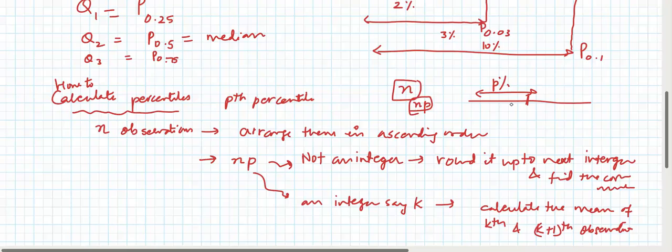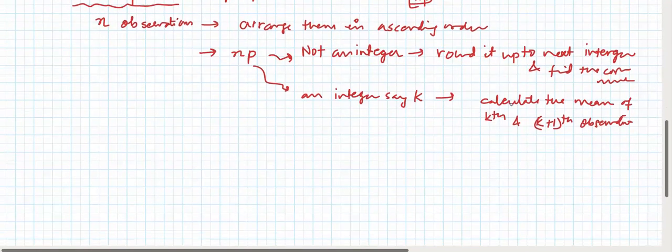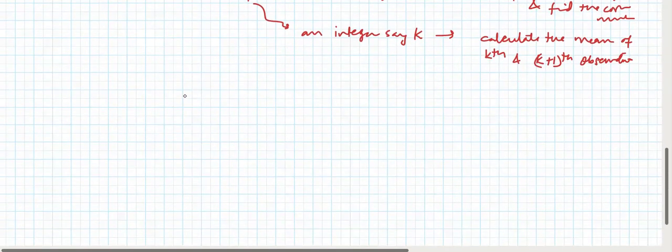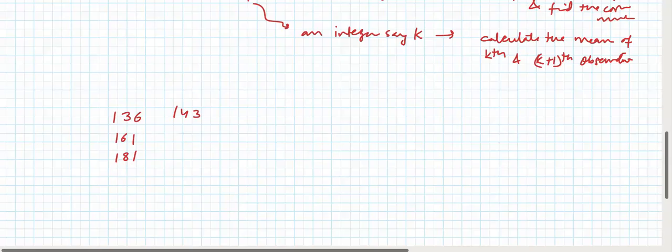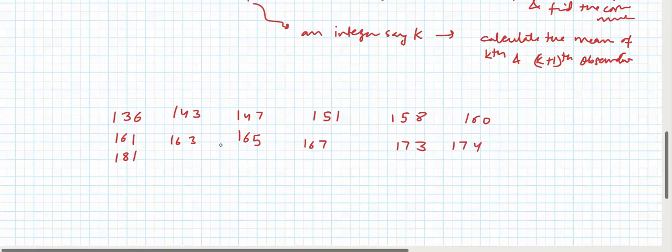For example, suppose I have this data set. Let me write it down: 136, 161, 181, 143, 147, 151, 158, 160, 163, 165, 167, 173, 174, 181, 181 again, 185, 188, 190, and then we have 205.